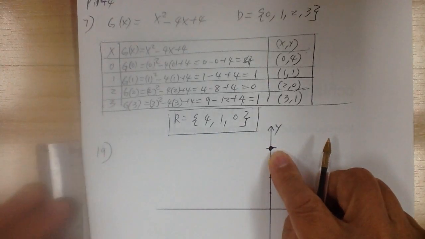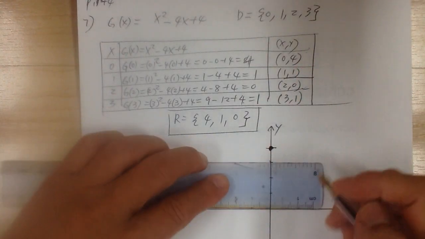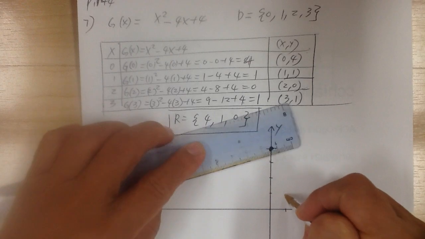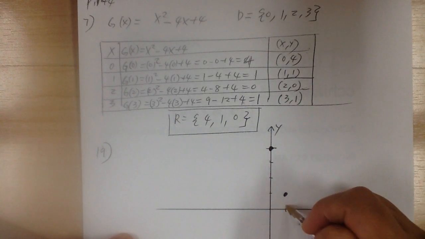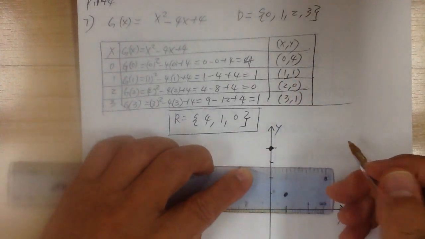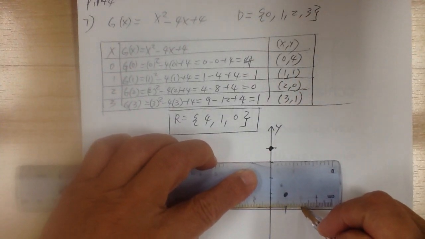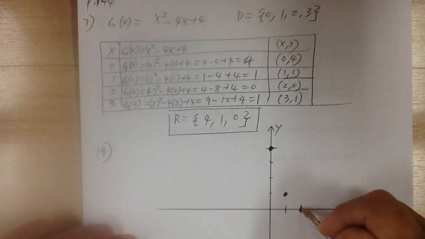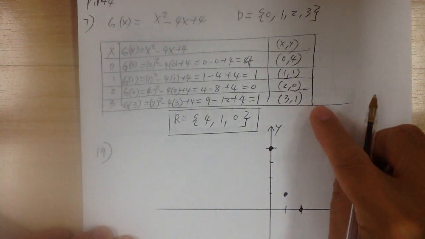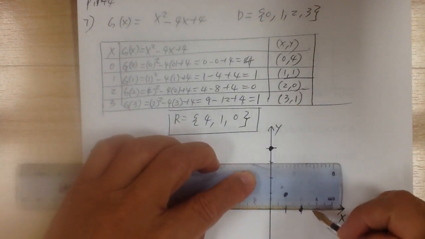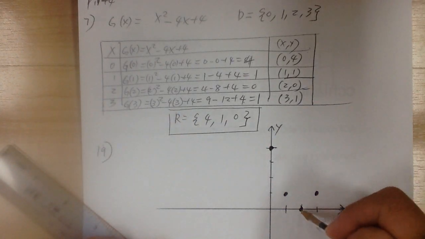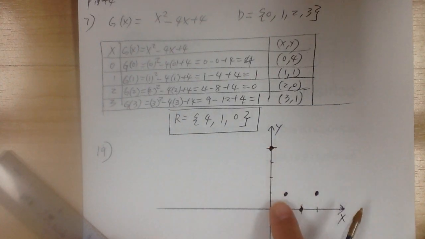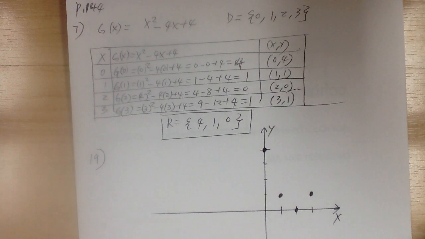Okay, so that's your 0, 4. Then you got 1, 1. Okay, so that's your 1, 1. And you have 2, 0. So it's your 2, 0. And you got 3, 1. Okay, so again, those are 4 points.